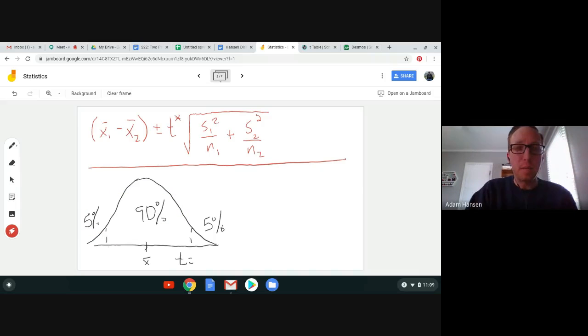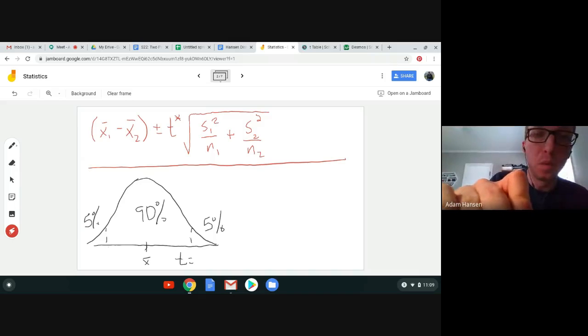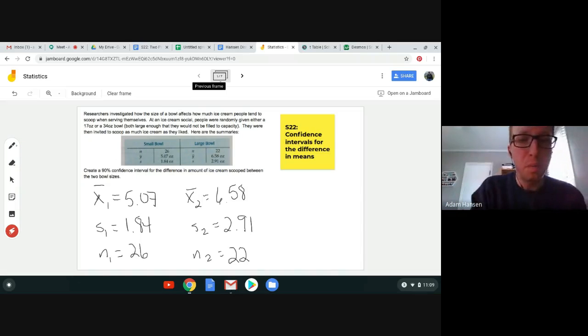Now, if you remember anything about t-scores, I need to first know how many degrees of freedom are in my sample. Degrees of freedom is one less than the sample size. So for group 1, I have 26 in the sample, so I'd have 25 degrees of freedom. For group 2, I have 22 in the sample size, so I'd have 21 degrees of freedom.